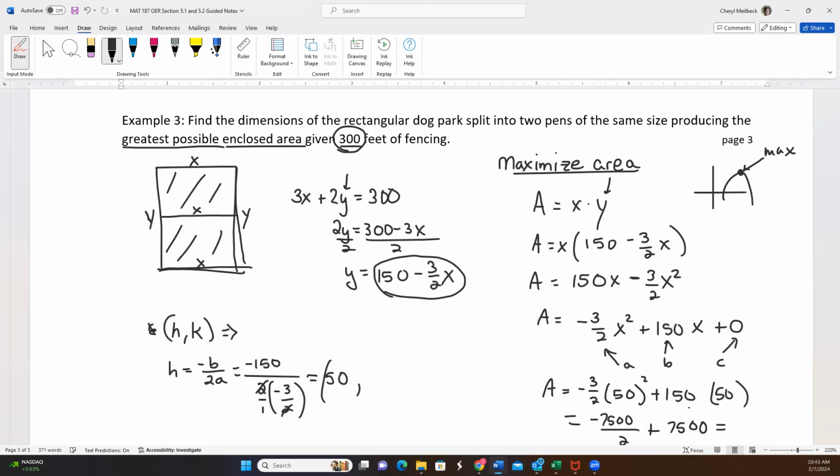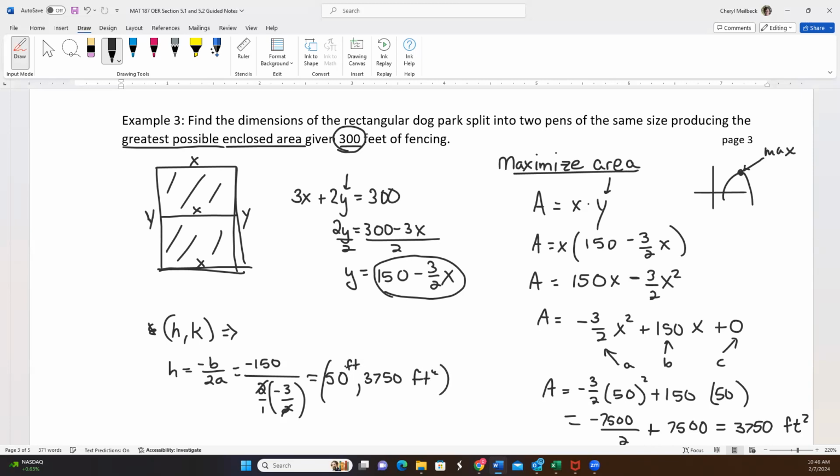Is that right? Yeah, that's right. So what we wind up with here is a positive 7,500 over 2, or 3,750. That is going to be in feet. Is it feet? Yeah, feet squared. And this would be, of course, feet.